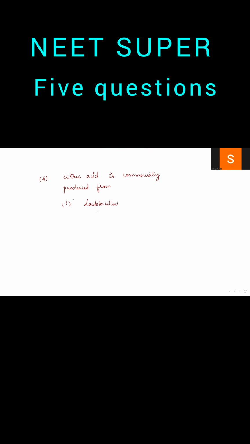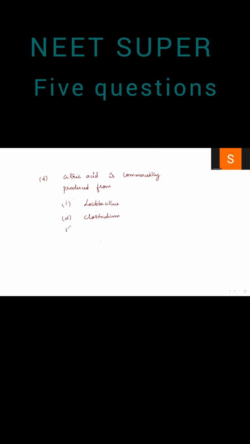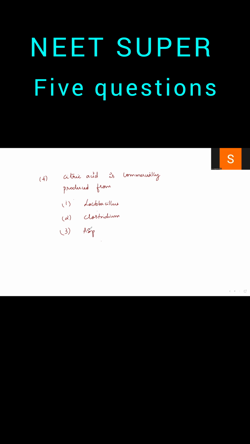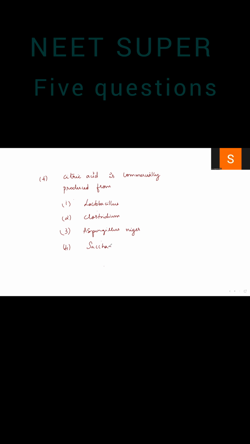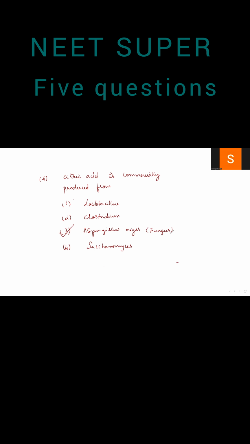Lactobacillus, Clostridium, Aspergillus niger, or the yeast Saccharomyces. Here we can go for the answer Aspergillus niger. This species of fungus produces citric acid commercially.